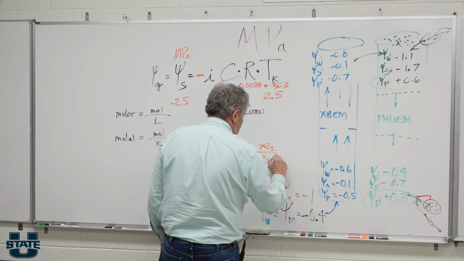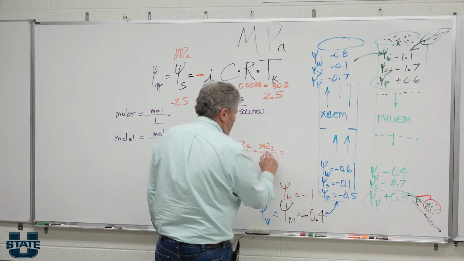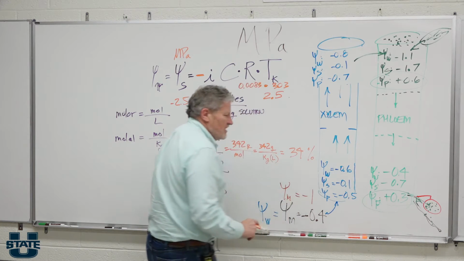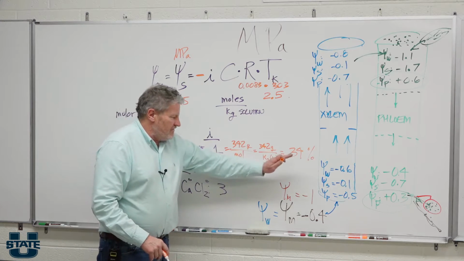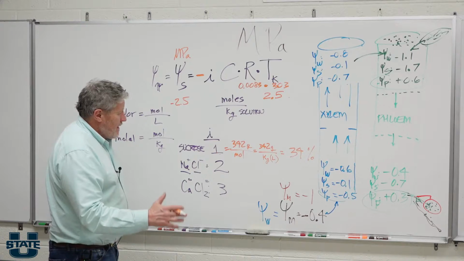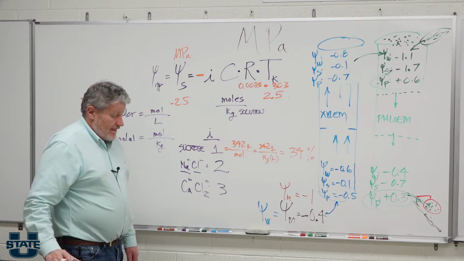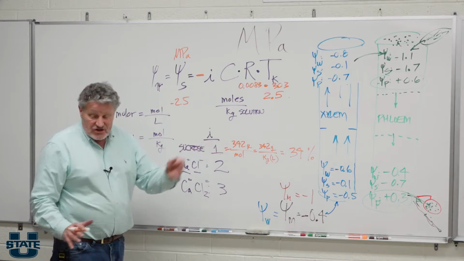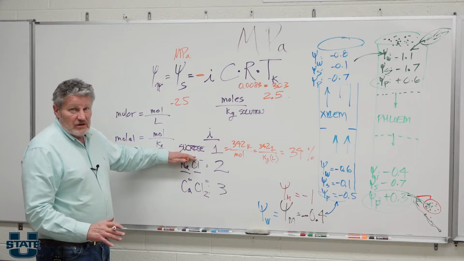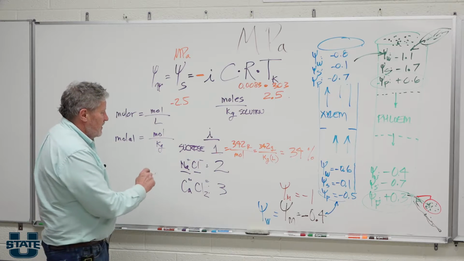And I'm going to put liter because it's almost the same. But this is 34%. This is a very sugary solution. This would be some fraction of a cup of sugar in a liter of water. This is a real concentrated solution.